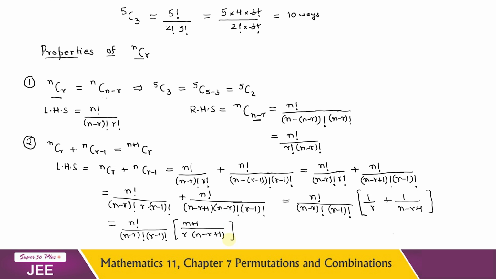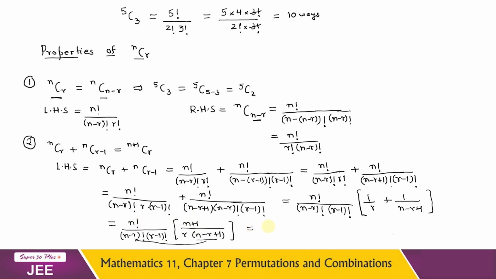Alright, now see that (n minus r plus 1) when multiplied with (n minus r) factorial gives us what? (n minus r plus 1) factorial, and r when multiplied with (r minus 1) factorial gives us what? r factorial. In the numerator, n plus 1 when multiplied with n factorial gives us (n plus 1) factorial.